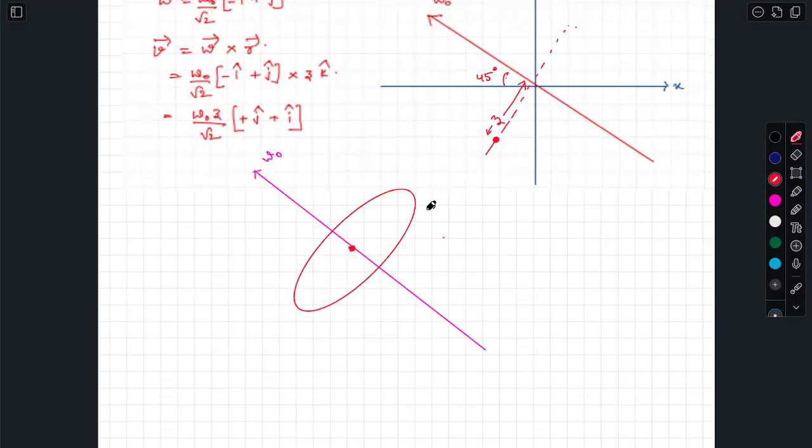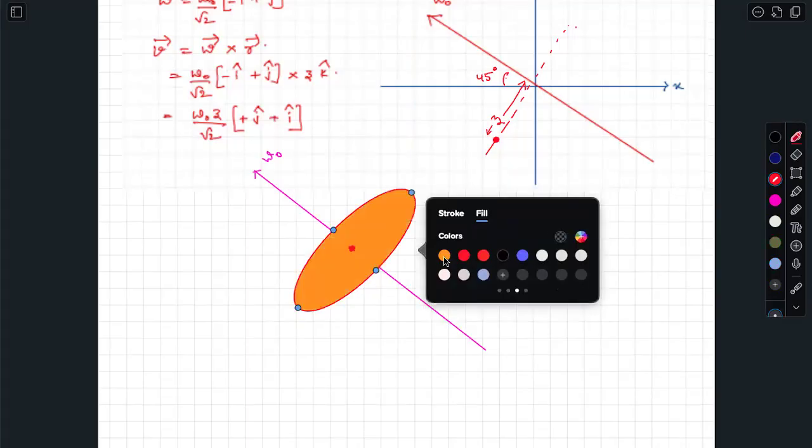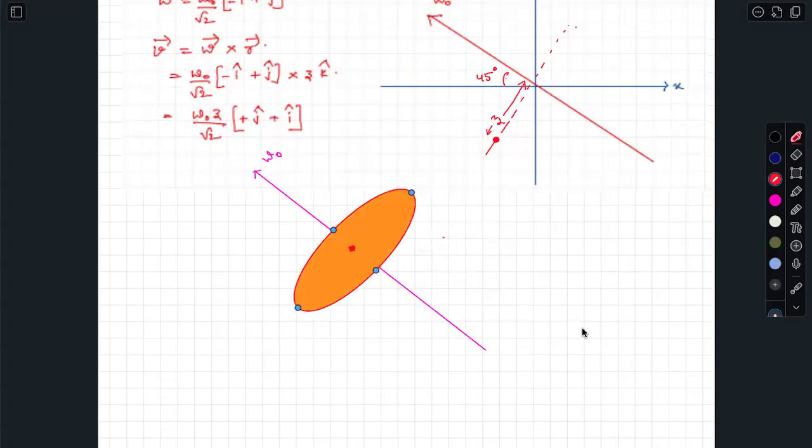You should imagine this in a 3D sense. I have tried my level best to make it 3D here. Now here lies the point which is at a distance z.